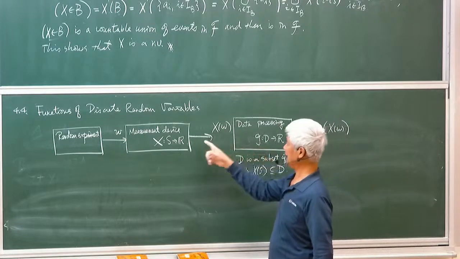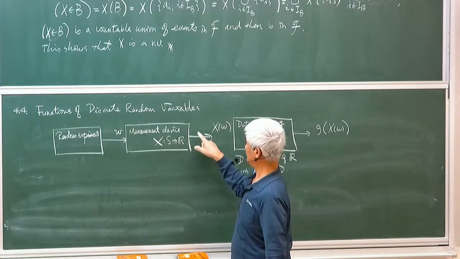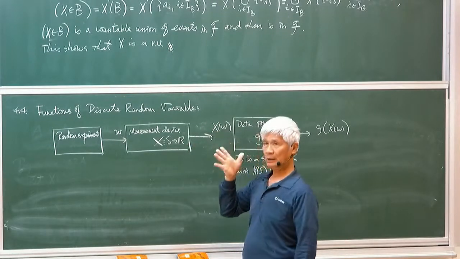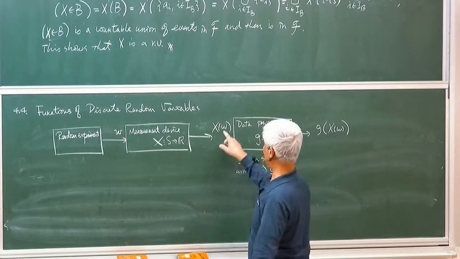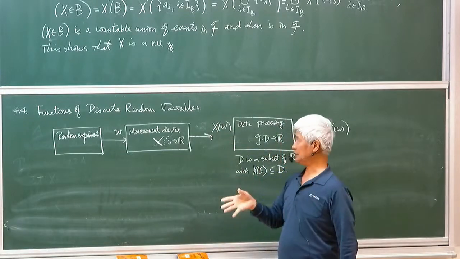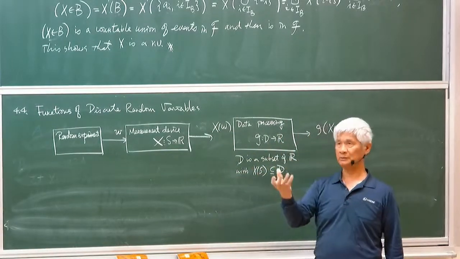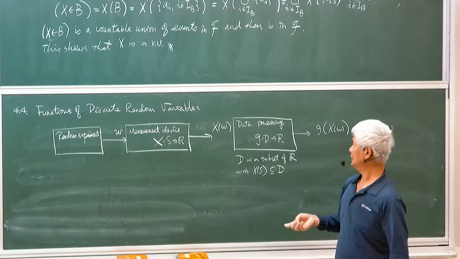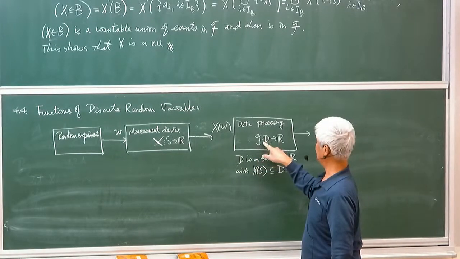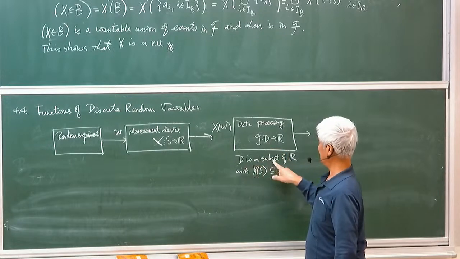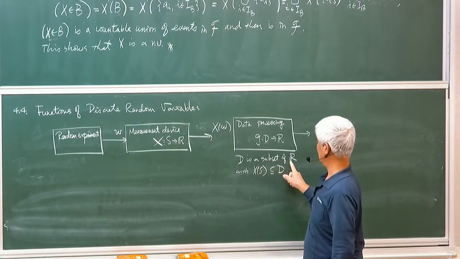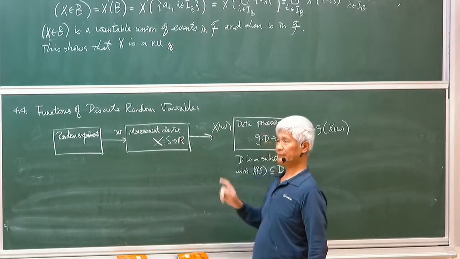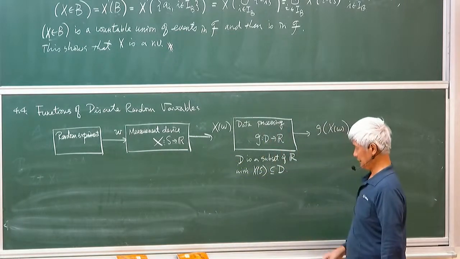In this case, the observed value of the measurement should be positive, because if the observed value is negative, applying the natural logarithm is meaningless. So the defining domain D should be a subset of R such that the range of the random variable X is in D.